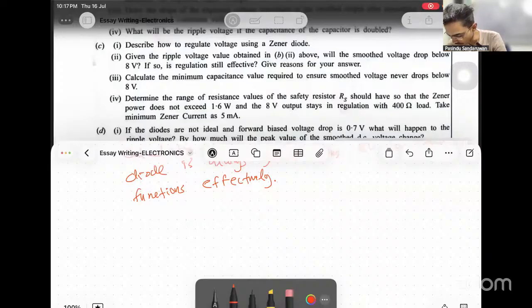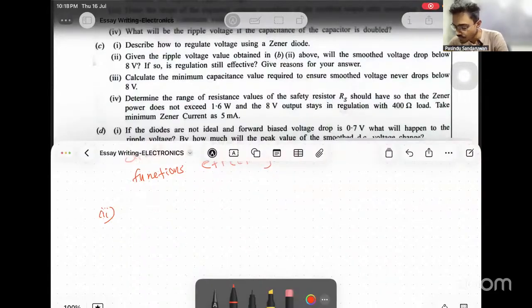Part 3, calculate the minimum capacitance. Then this voltage difference is the ripple voltage in the new circuit.